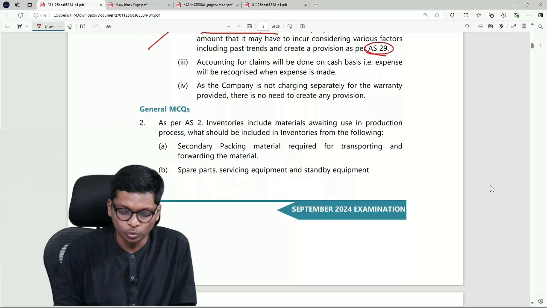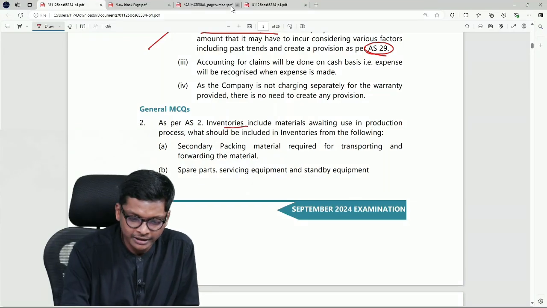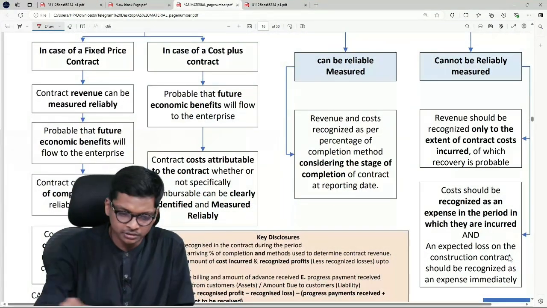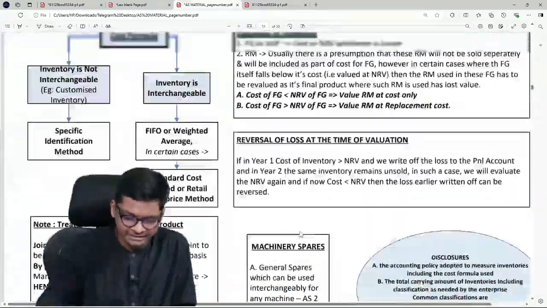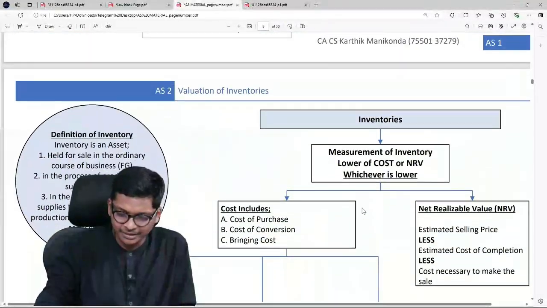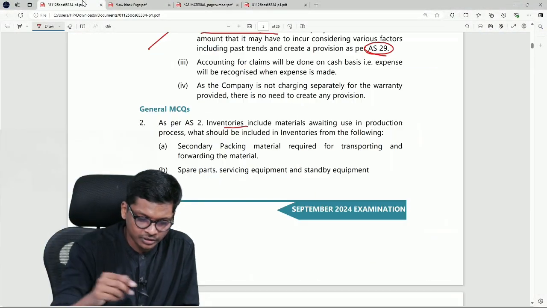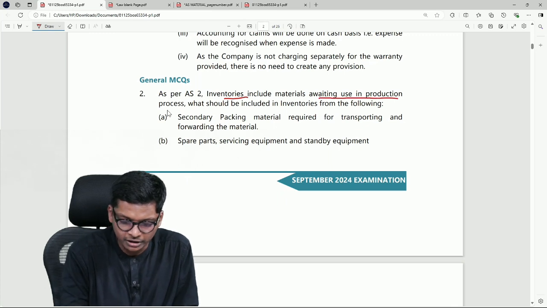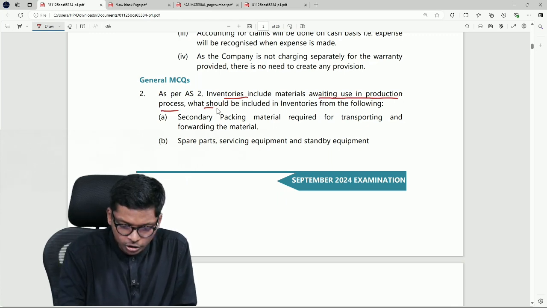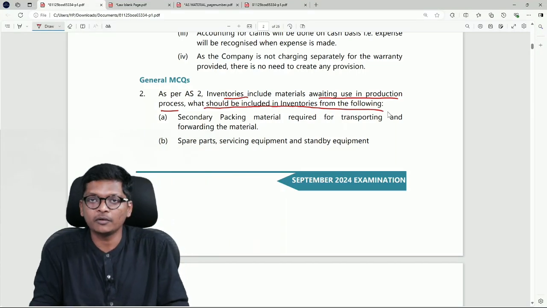As per AS2, inventories. So let me go to the inventory notes. For everything we have our notes, guys. This is from ICAI, summarized and made in our style. As per AS2, inventories include materials awaiting use in production process. What should be included in inventories from the following?